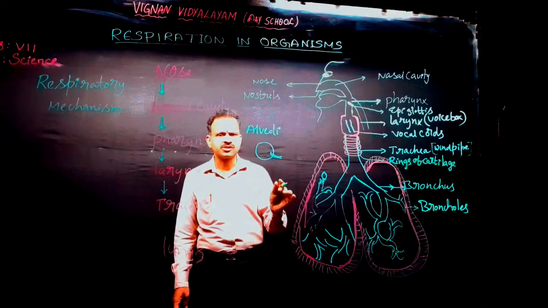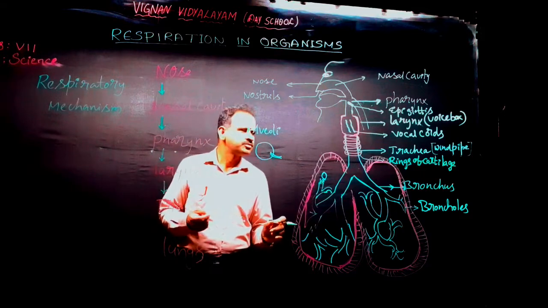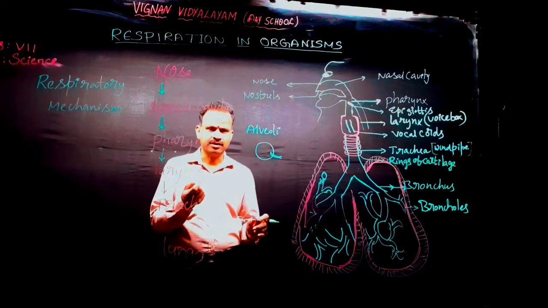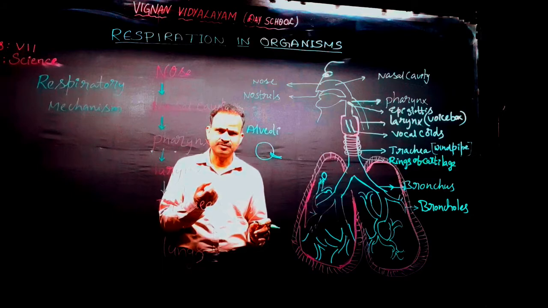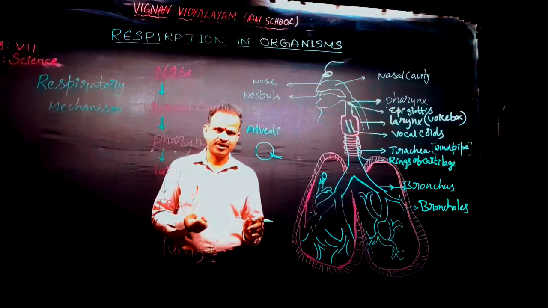Inside the trachea also, there are hair-like structures, cilia. So it again filters the dust particles. Okay, children?